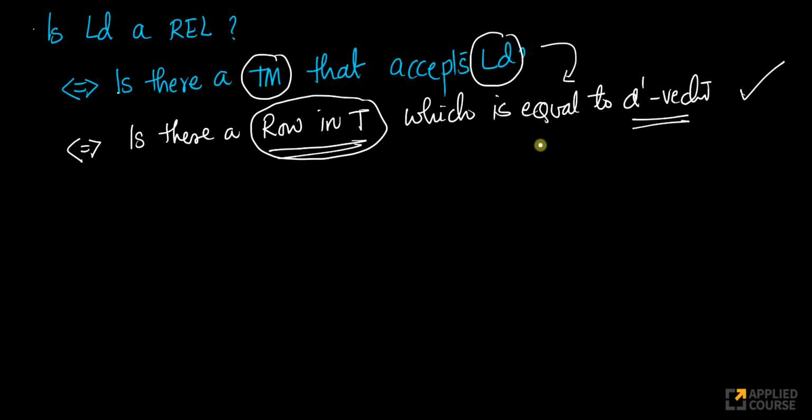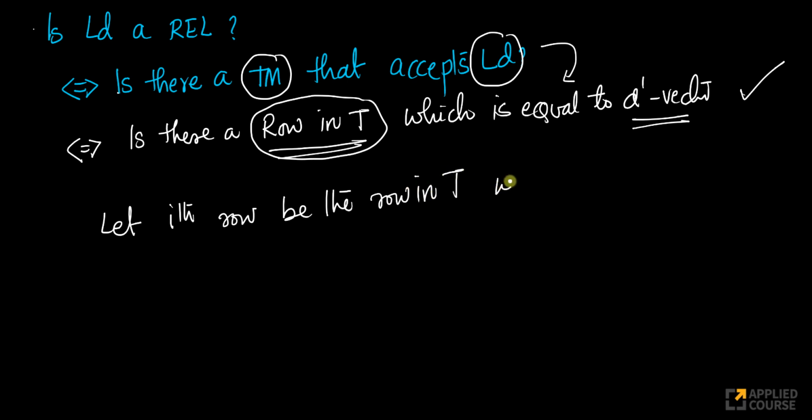So here my logic is this: let the ith row in table T be the row which is equal to the d dash vector. We don't know whether it exists or not.